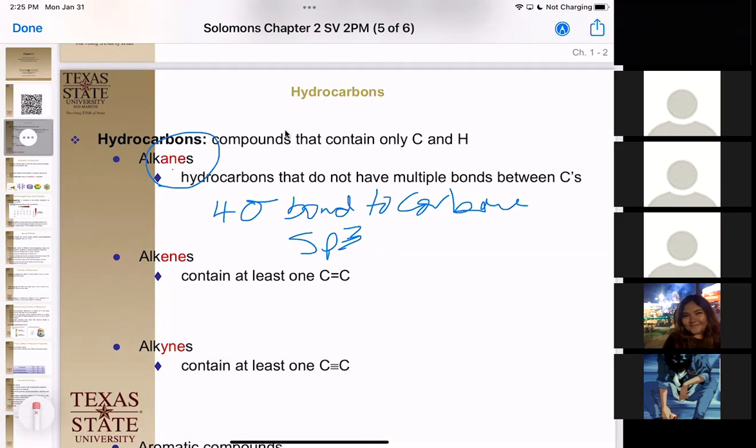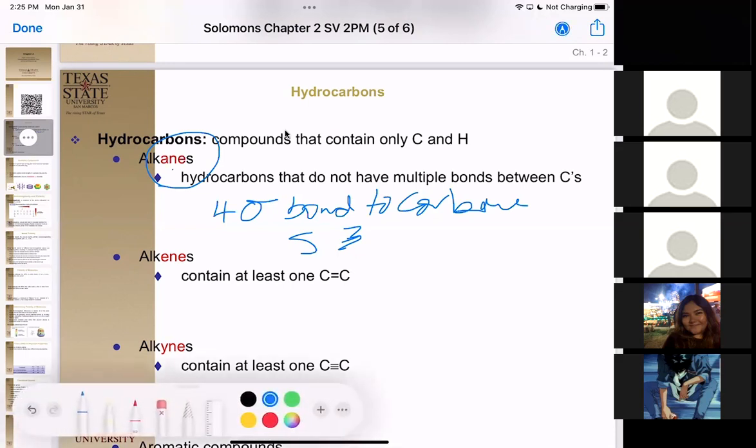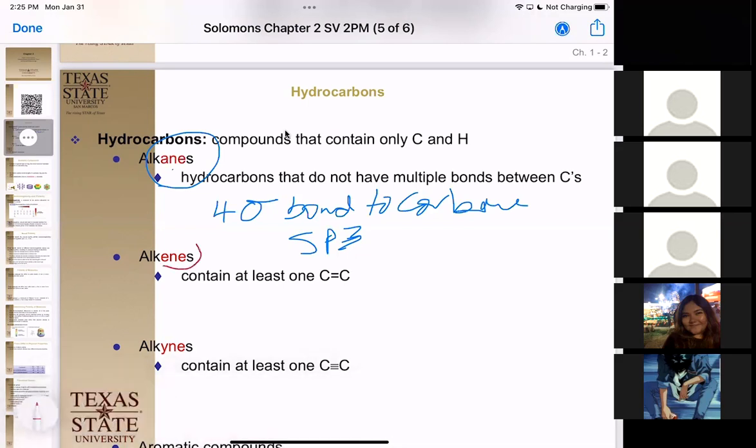Now, we have to have a way of telling us that we have a carbon somewhere in our molecule that has a different hybridization. So if you have any sp2 hybridized carbons, required to be double bonded to another carbon, you're going to end up with a new compound. We call it an alkene.